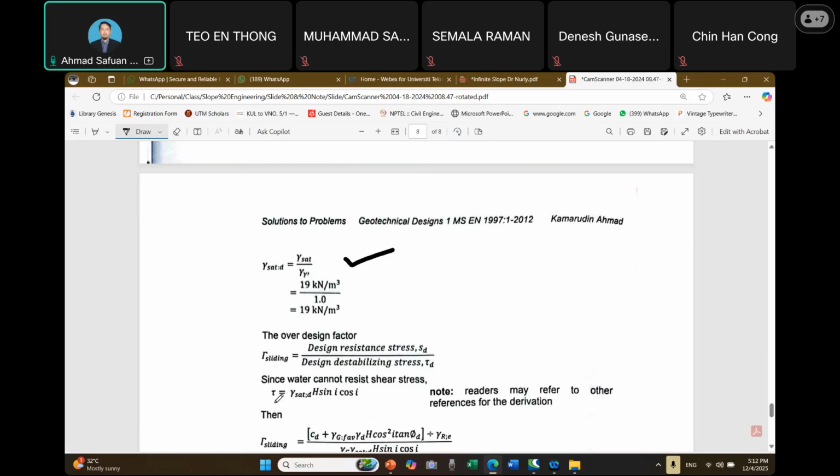We use what we call the saturated unit weights, since water cannot resist shear stress. So then we use the saturated unit weight for the destabilizing. So design resistance stress over design destabilizing stress.